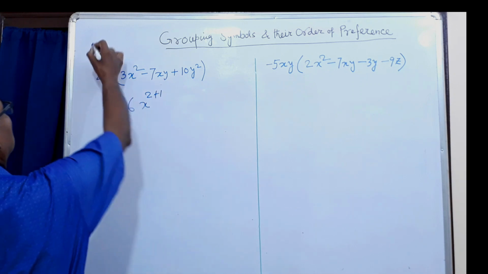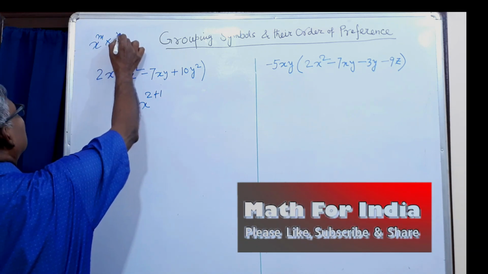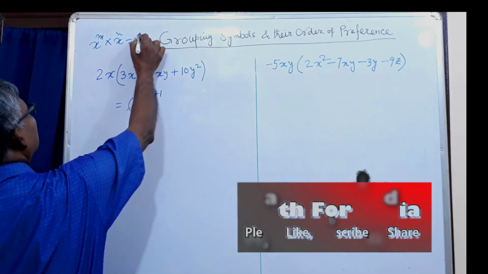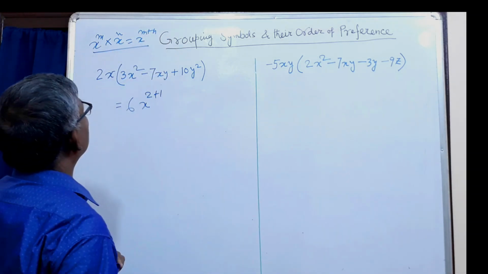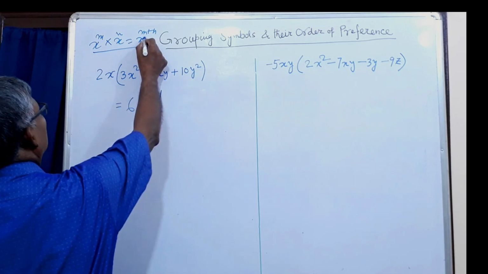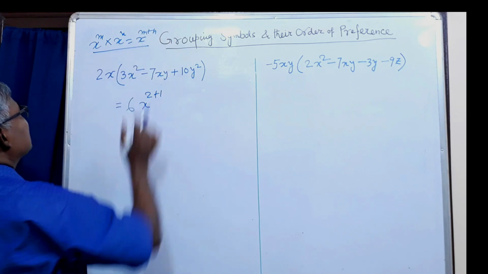That is, we know x to the power m into x to the power n equals x to the power m plus n. Just utilize the formula x to the power m into x to the power n equals x to the power m plus n.